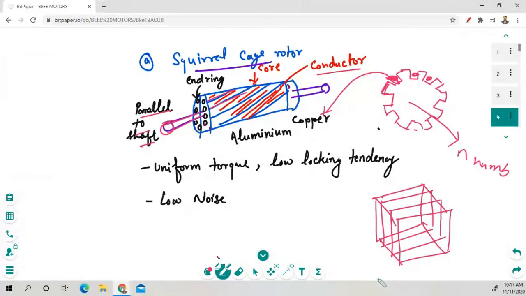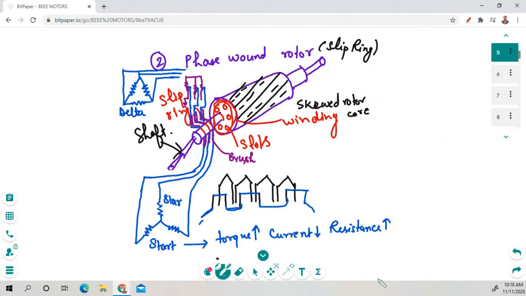There is a simple principle for the working of this. When you place a current-carrying conductor inside a magnetic field, it produces force. So uniform torque will be generated and low locking tendency is generated in this squirrel cage rotor. How this rotor works, we will explain right here.